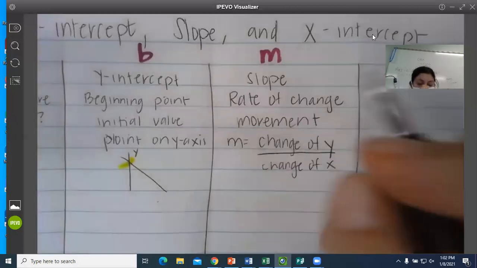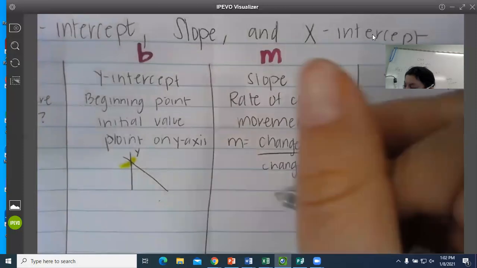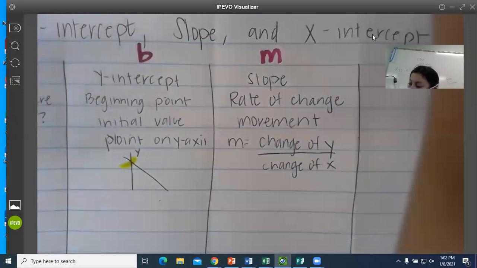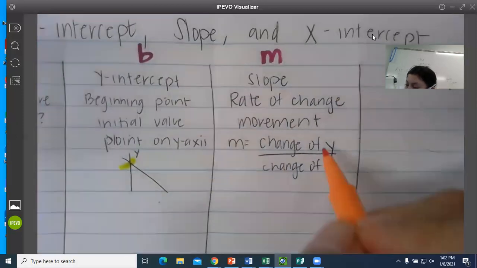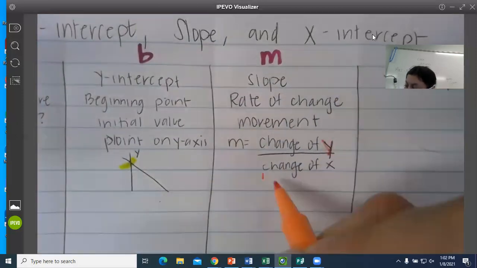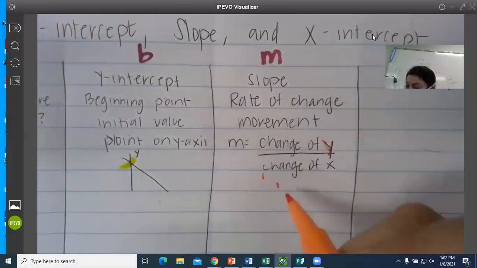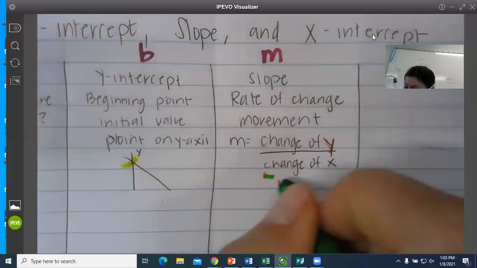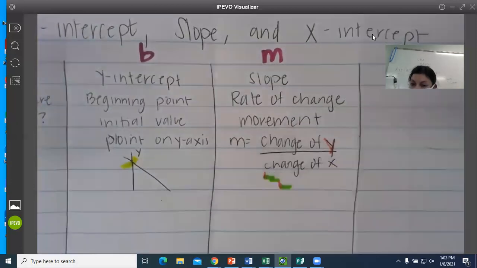This is when we draw the stairs. So we're seeing what's the change of Y, whether it's going up or down, over how many it's going to the right. So this is when we draw the stairs.